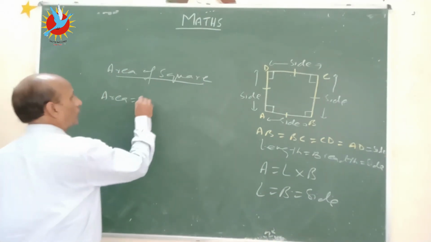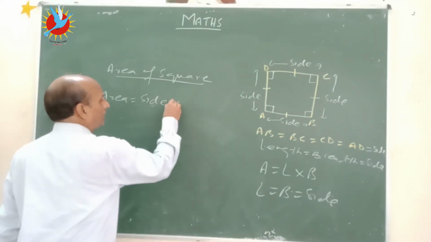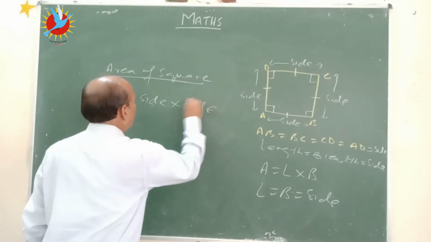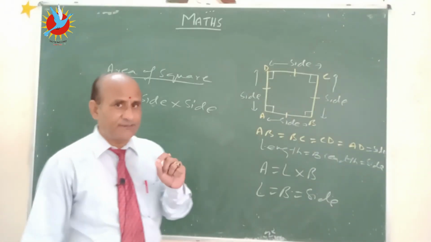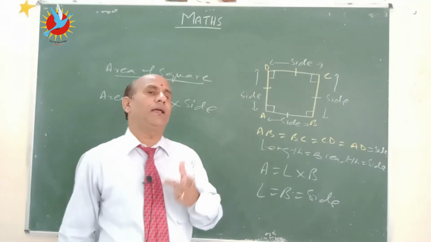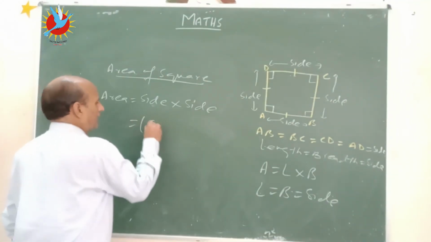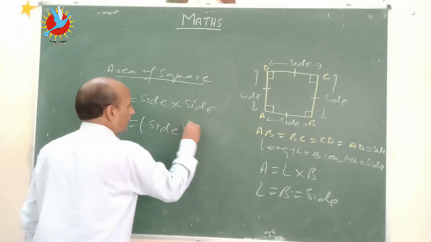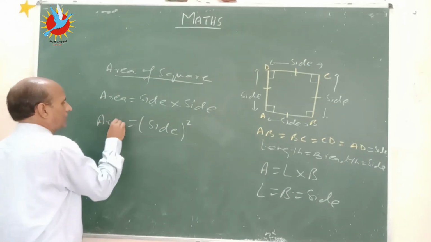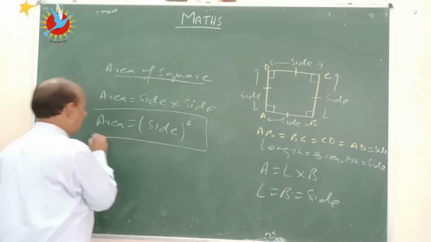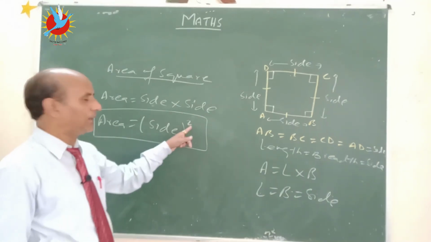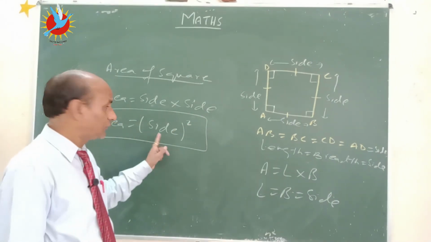So area of a square is side multiplied by side. It means if one side is given, you can simply multiply the side, you will get the area. Or it is also written like this: area is equal to side square, that is side multiplied by side, not side plus side. It is not plus.